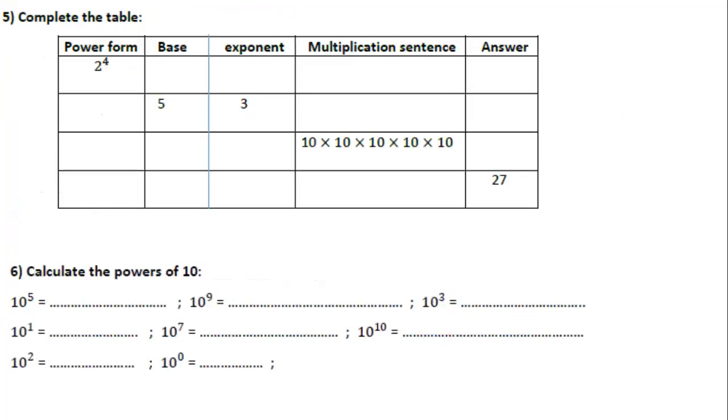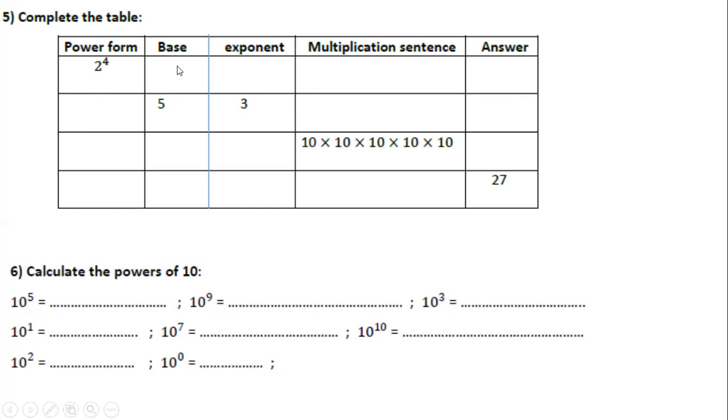Now let's move to question number 5. We should complete this table. We have solved such an exercise before. The first one, I want to ask Samia. Yes, Samia. 2 to the power 4.